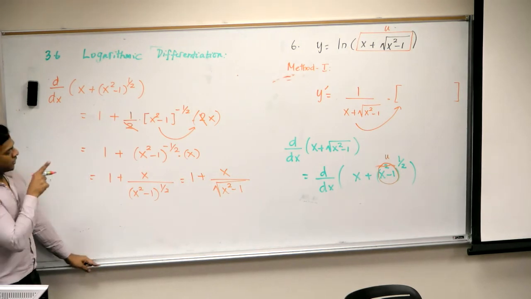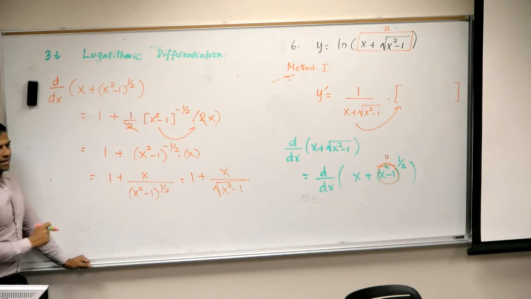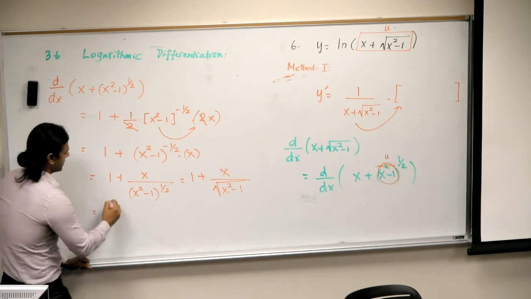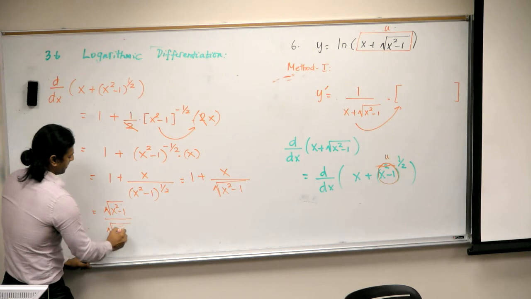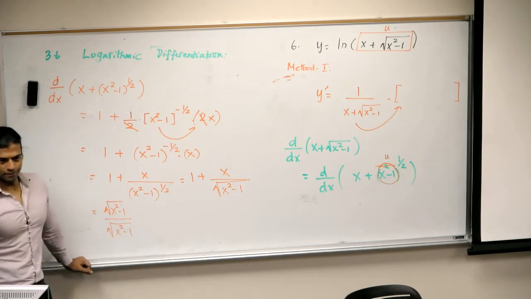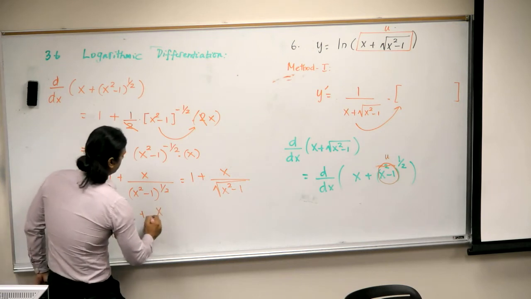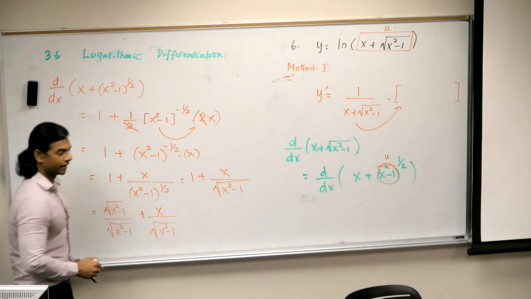Could I combine the 1 and x with the square root of x squared minus 1? Change the denominator. So multiply and divide by the square root of x squared minus 1.